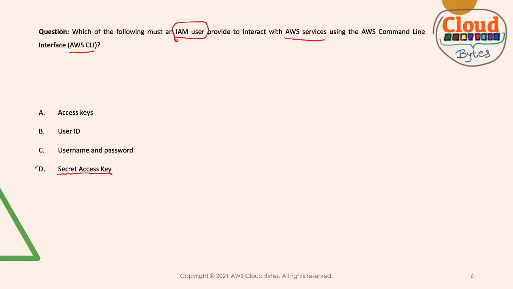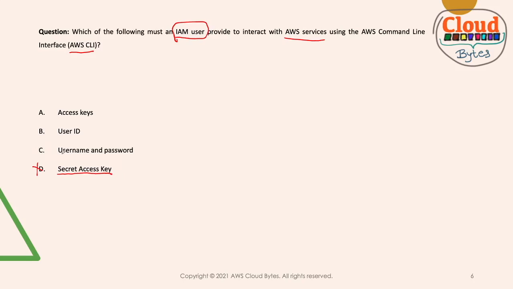Individually, secret access key doesn't make any sense. We cannot use it. When you generate an access key for an IAM user to programmatically access AWS services, you need an access key ID and a secret access key. So this is just a partial thing and is not reusable.